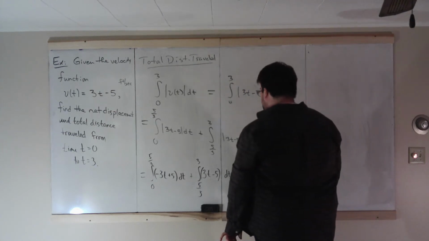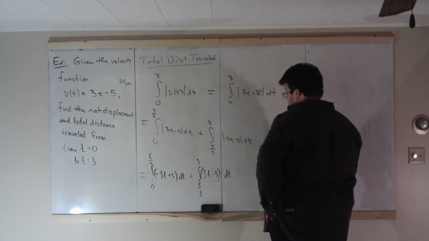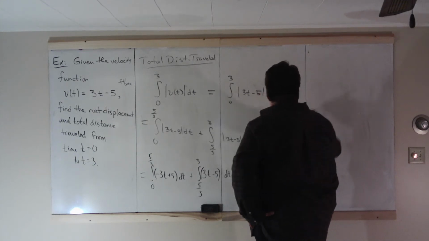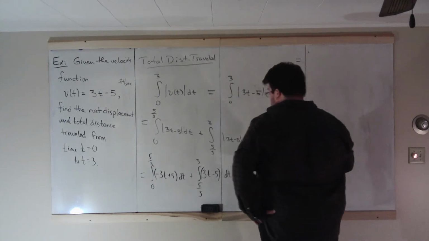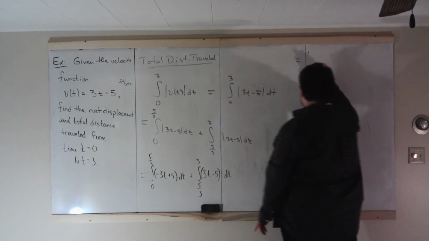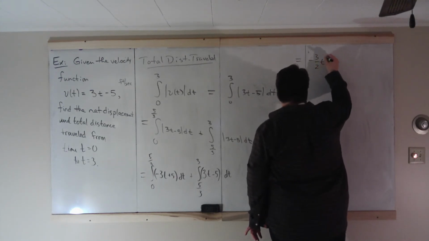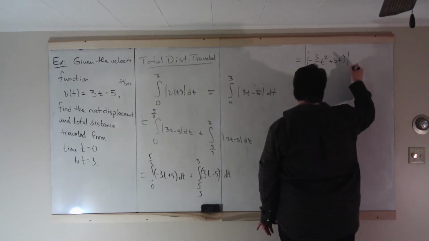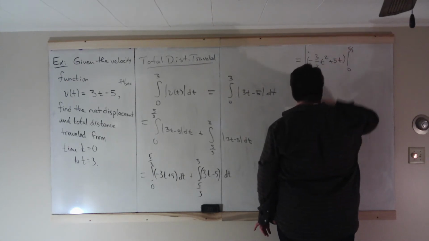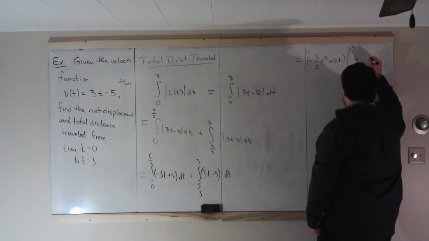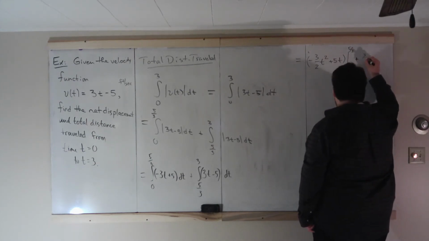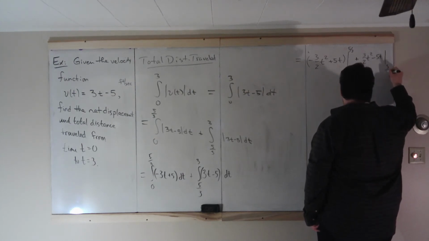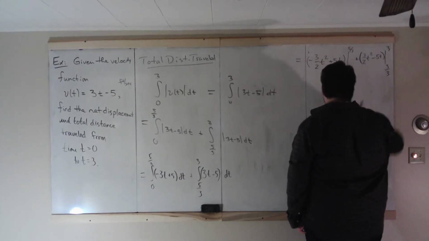Equals, this is going to be a mess. I'm going to go up here. Equals negative 3/2 t squared plus 5t from 0 to 5/3, plus 3/2 t squared minus 5t from 5/3 to 3.